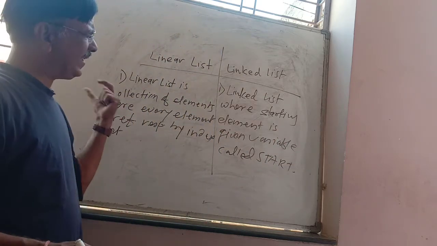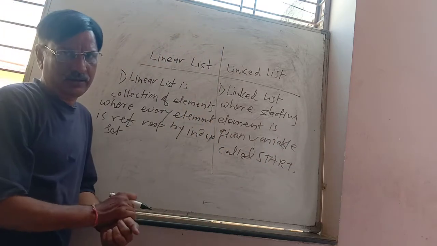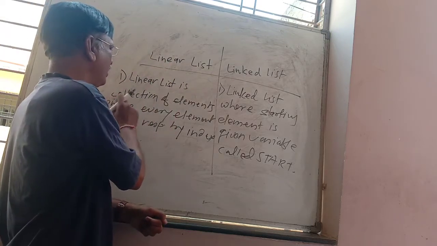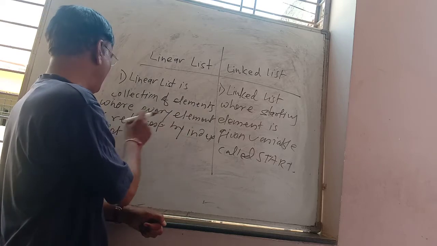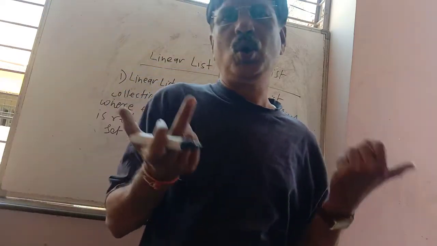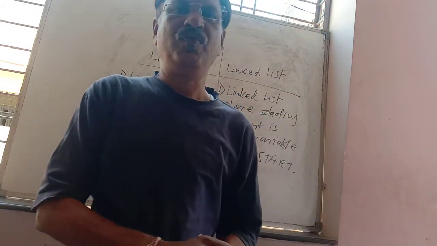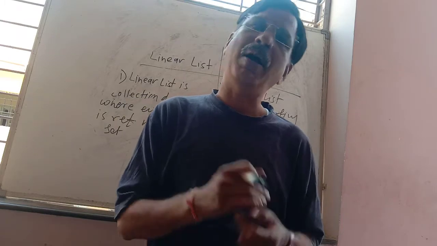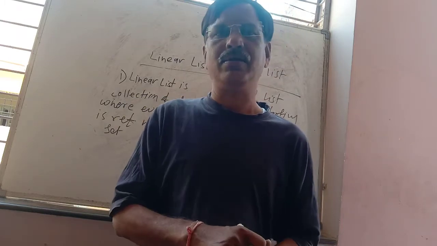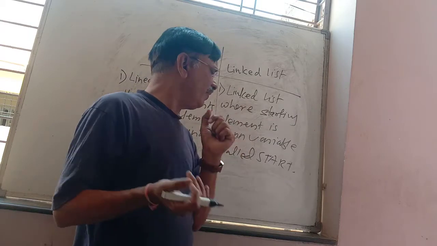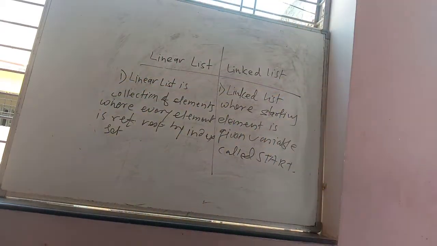So this is the basic difference between the linear list and linked list. A linear list is a collection of elements where every element is referenced by an index. The first element is referenced by the smallest index, whereas in a linked list the starting element is given by the variable called start.